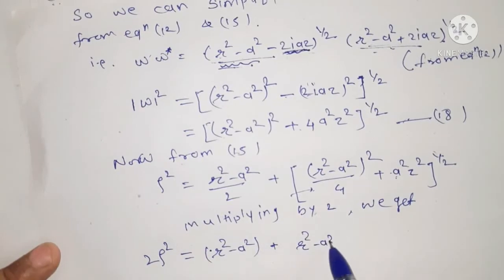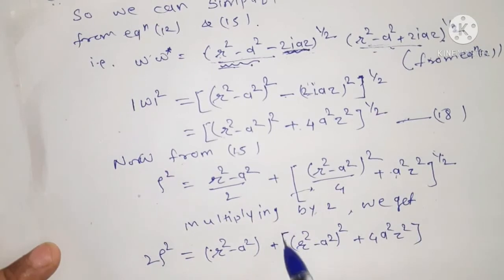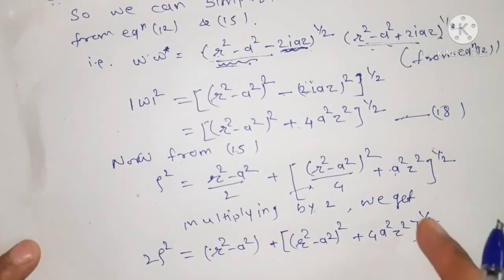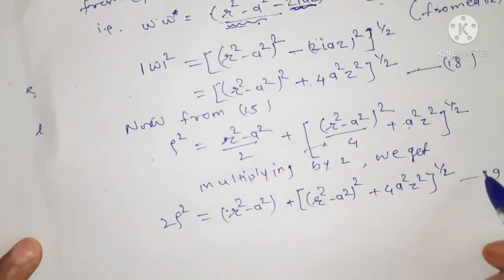So r square minus a square whole square plus 4a square into z square, inside the square root, that is to the power 1 upon 2. We give this as equation number 19.